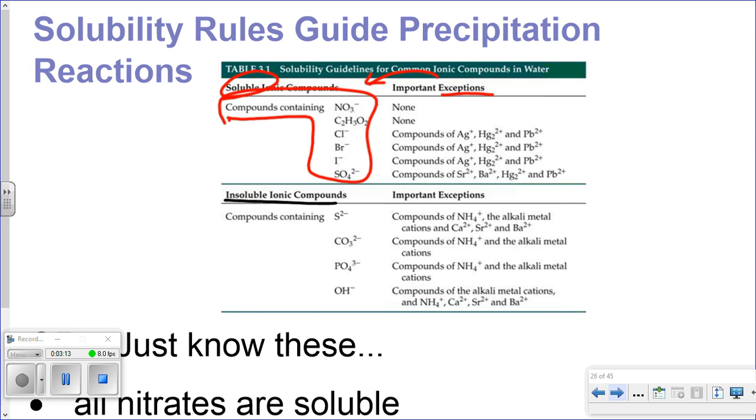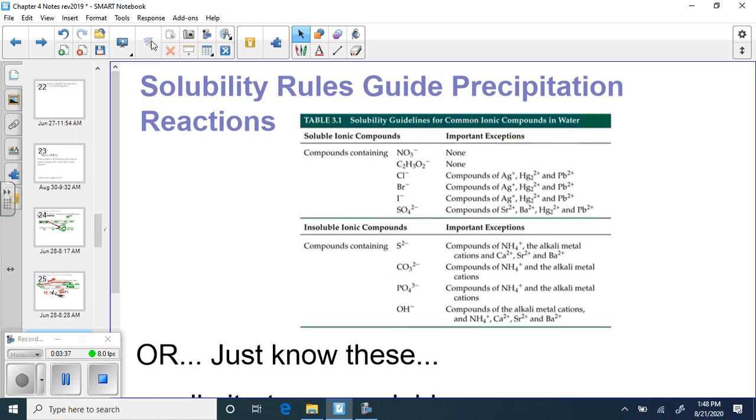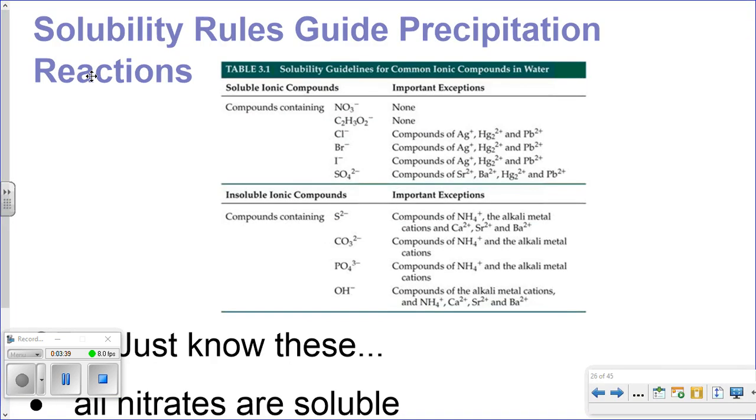It says these are the insoluble compounds. Notice these are insoluble anions, and here are important exceptions to these. So again, not to be memorized, but definitely to be interpreted. We're going to come back to this in a second. Let me just clean the ink off of this so I can refer back to it later.